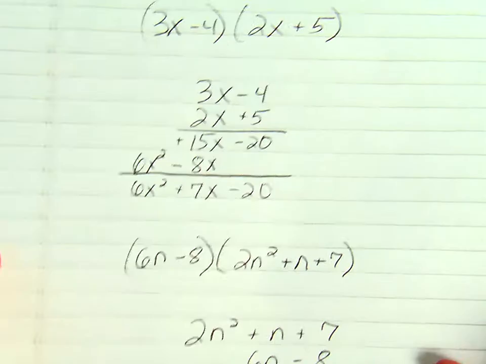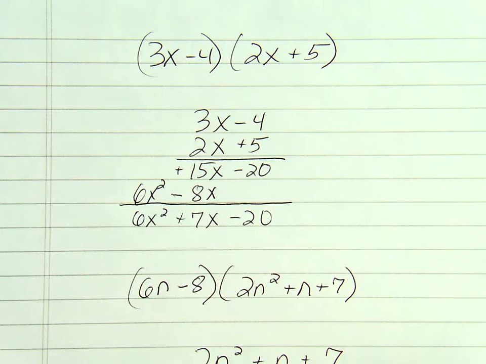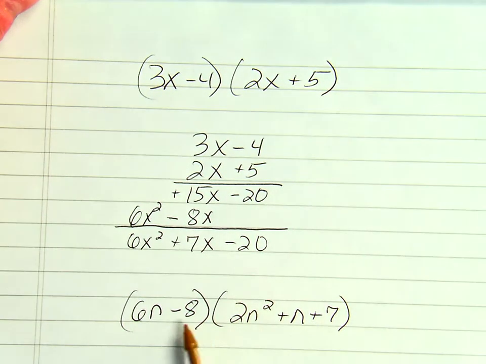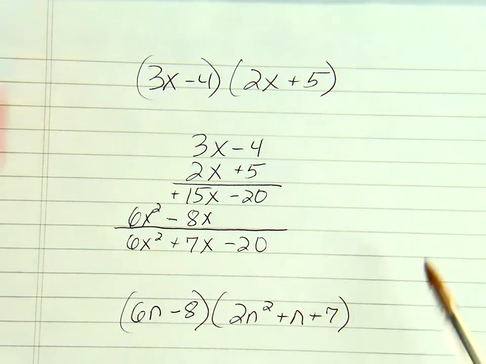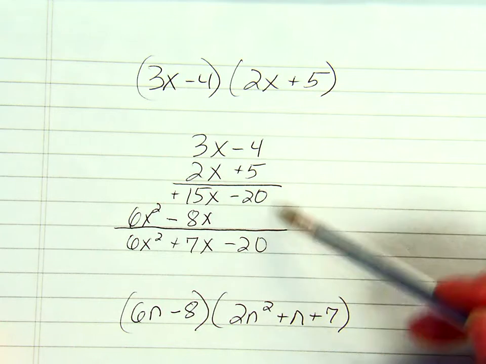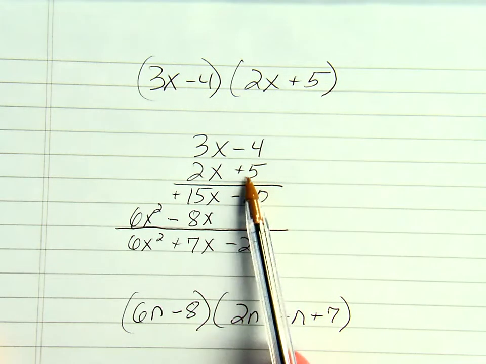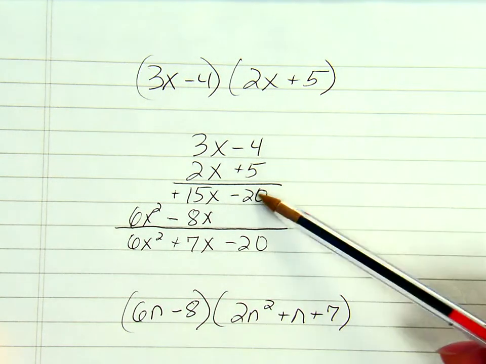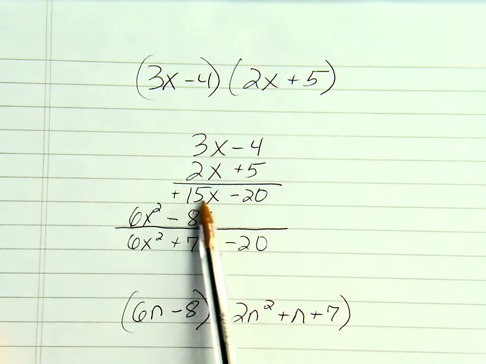The last technique is a vertical technique. I use this an awful lot only because it works well with your binomials, but then as you can see, we'll be looking at a binomial and a trinomial in just a moment. But what happens is if you stack them and then multiply, first I'm doing my multiplication with my 5 here, so 5 times negative 4 is negative 20. Positive 5 times the 3x is the positive 15x.